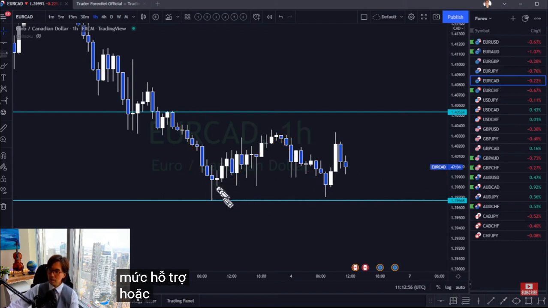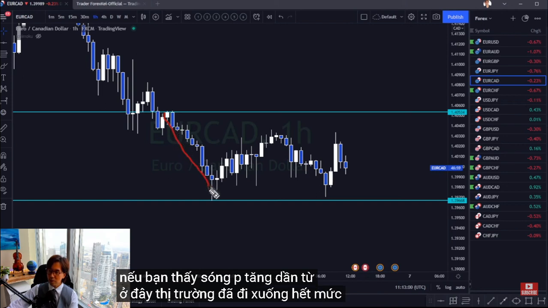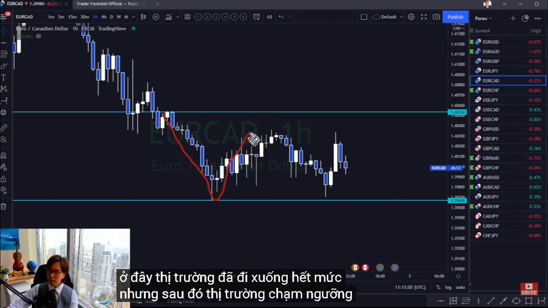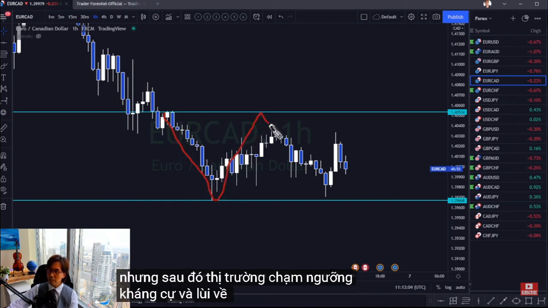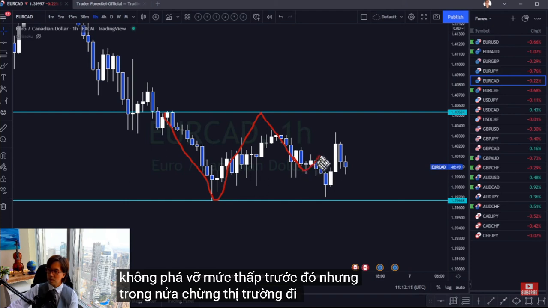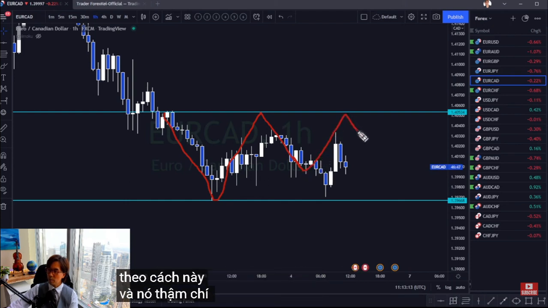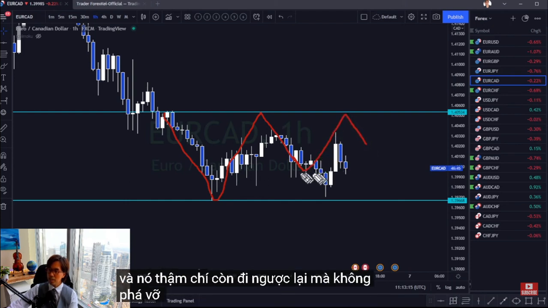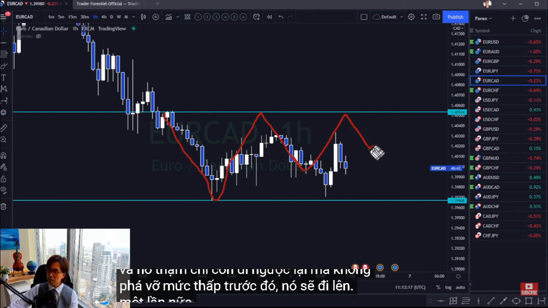Or if you see the ascending price wave from here, the market went all the way down, but afterwards the market touches resistance and retraces backwards, but it doesn't break the previous low. The market goes up again.